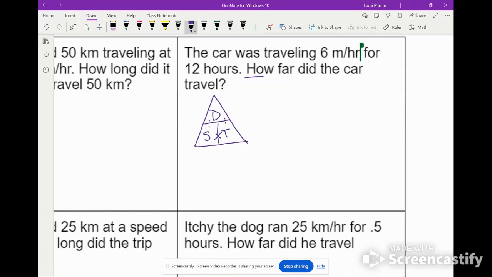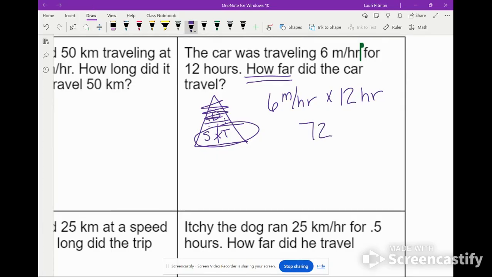Okay, it's asking us how far. So I know I need to mark out the distance. That leaves me with speed multiplied by time. So I get 6 meters per hour times 12 hours. Well, if I go 6 meters per hour for 12 hours, multiply those two, I get 72.